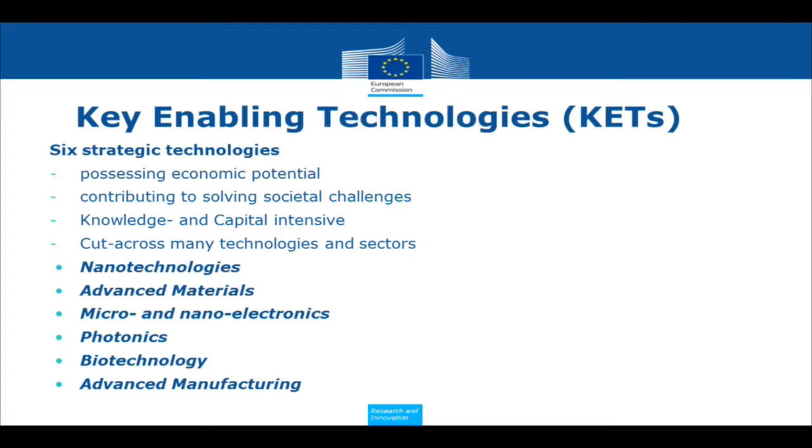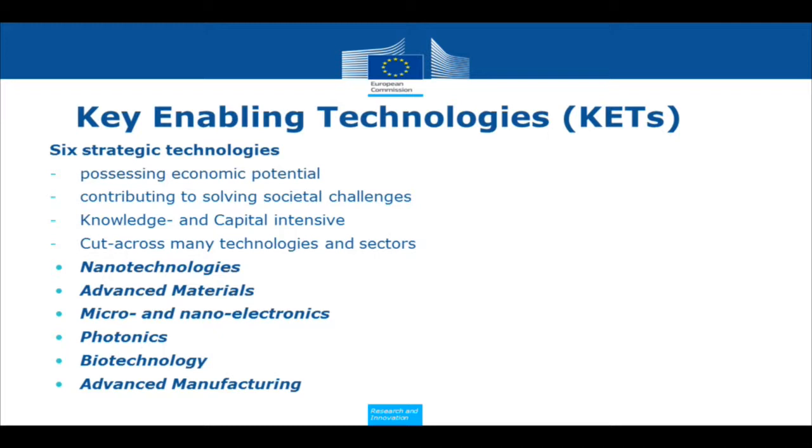So out of the 6 key enabling technologies, we support nanotechnologies, advanced materials, advanced manufacturing and processing, and biotechnology, while our colleagues in DG Connect in the ICT work program support photonics and micro and nano electronics.